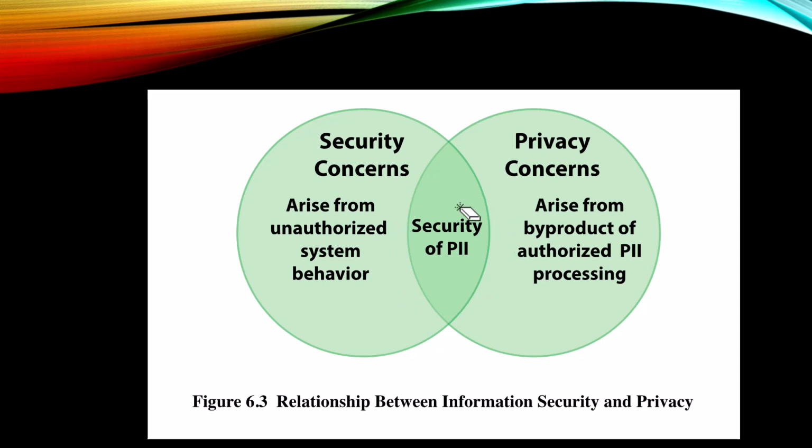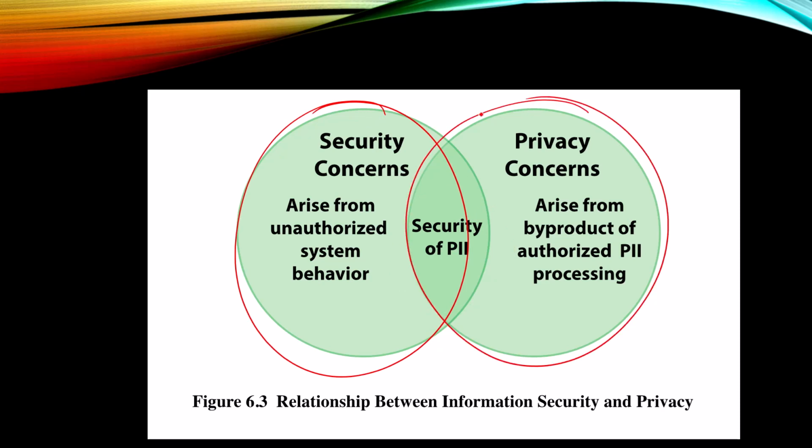So our security concerns, as they overlap with our privacy concerns, define what level of appropriateness we are giving to our security of PII. We need to understand the purpose of transparency, what PII is being collected, and which changes in the use of PII are being permitted by the organization and based on who the authorized personnel are, who is conducting the activities.